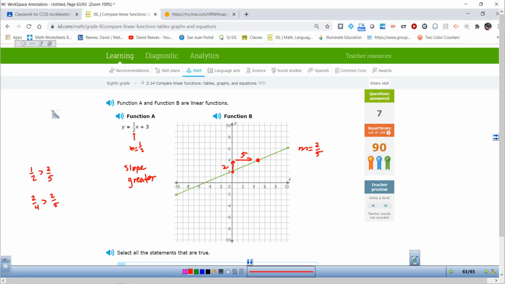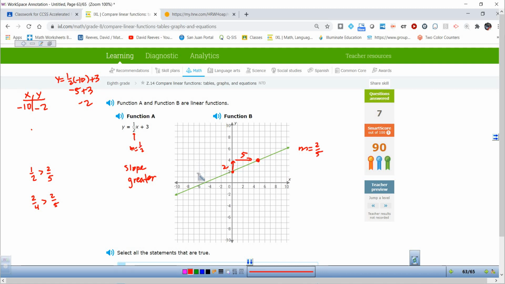Okay, so when x is -10, again, we want to know what is the y value when x is -10. So I'm going to go to my equation. I'm going to go y equals 1/2 of -10 plus 3. Well, that's -5 plus 3. That's -2. So the y value for function A when x is -10 is -2.